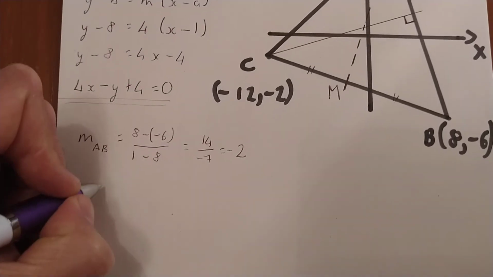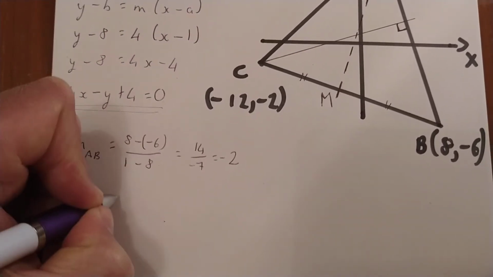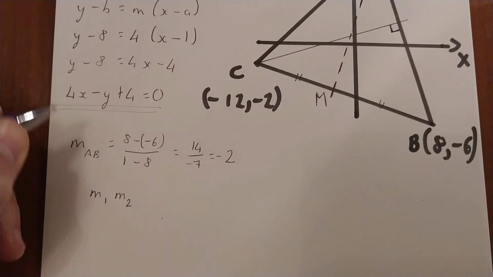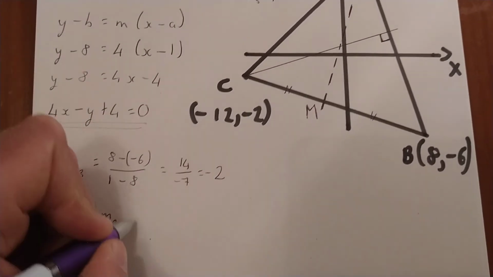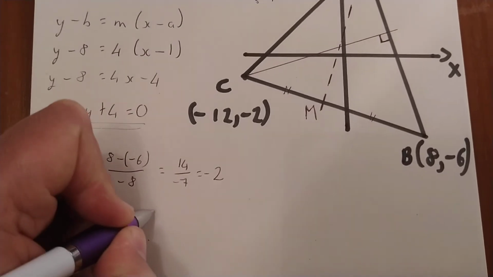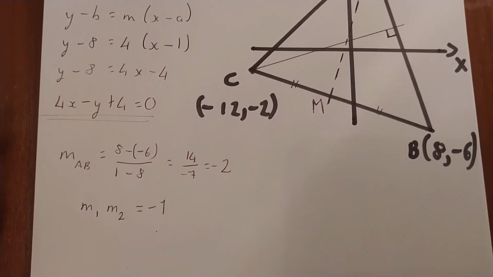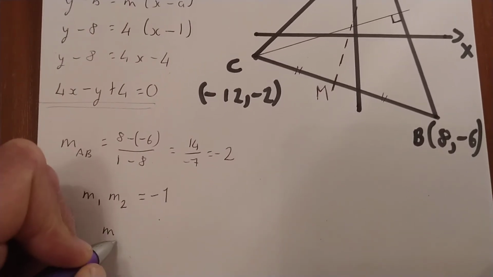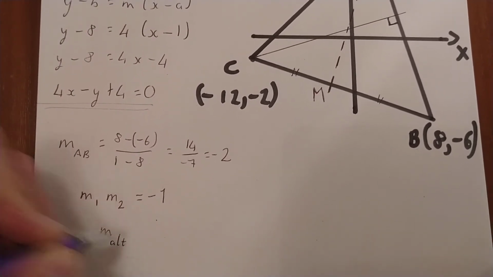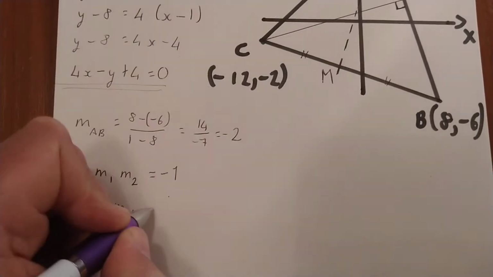Perpendicular gradient, well, I'll write down the method I'm using. I'm using the fact that two perpendicular gradients, if they're perpendicular, must multiply to be negative 1. And so the gradient of the line I'm looking for, I'm going to put ALT for altitude. I think that makes it clear what we're doing.